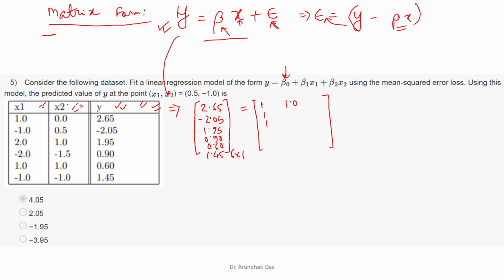So 1 2 3 4 5 6 intercept values, the value will be 1, and then the x1 values will be 1, minus 1, 2, minus 2, 1, again minus 1, and 0.5, 1, minus 1.5, 1, minus 1. This is the matrix, and what is the size of this matrix? 6 by 3.